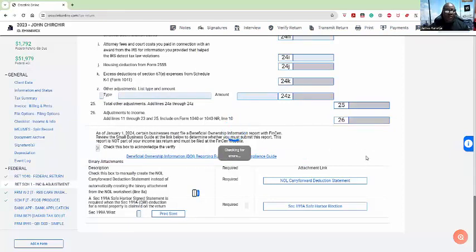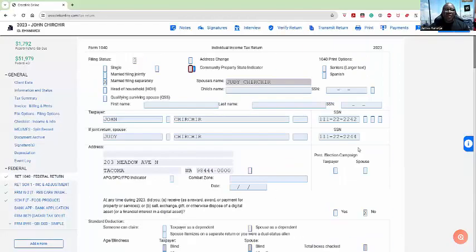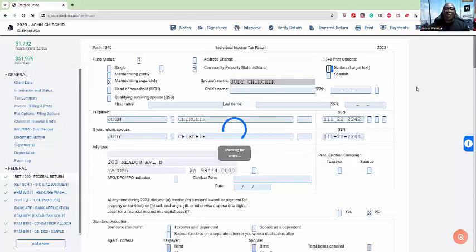Okay. All right, so okay, this is a community property indicator. So what are we supposed to do there? Okay, we know. We just show that. Yeah, we know that.